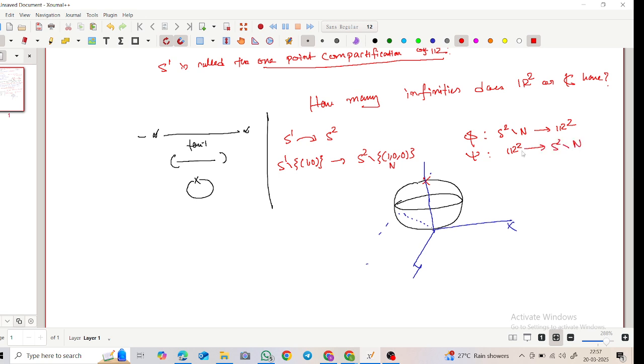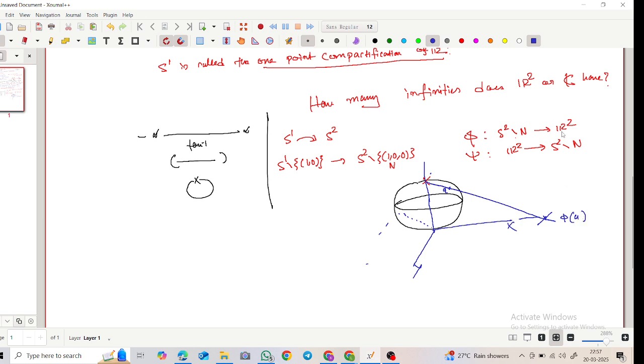So you pick up a point in S2, okay. So where will it go? You join this point with a straight line from the north pole, and extend it to where it cuts the R2 plane. That is the image of A under phi, so this is phi A, clear?